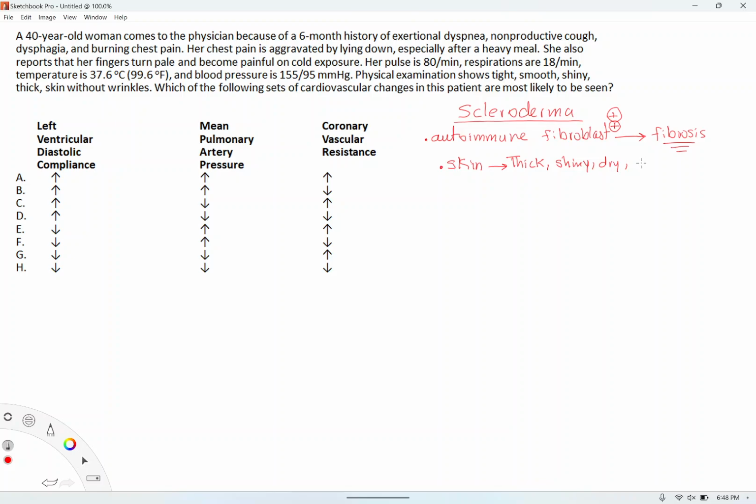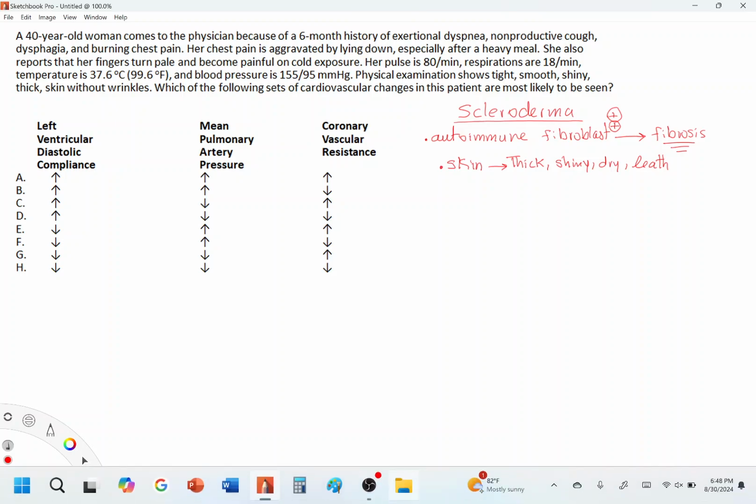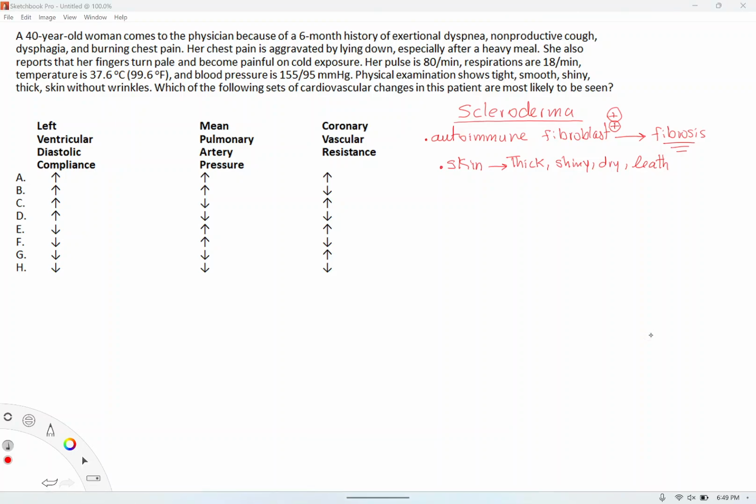If you take a leather, that's how it would be. So I'll say leathery skin. Look for that: shiny, and even greasy to some extent. It is dry, greasy kind of thing, like dry leather. So look for that.